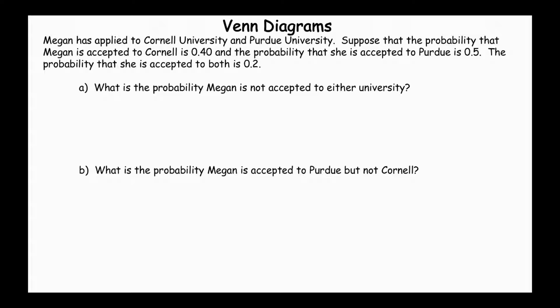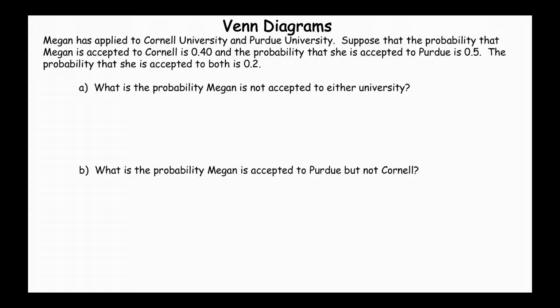Okay, so Megan has applied to Cornell University and Purdue University. Suppose that the probability that Megan is accepted to Cornell is 40%, 0.4. And the probability that she is accepted to Purdue is 0.5, 50%. And then the probability that she gets into both is 20%, 0.20.